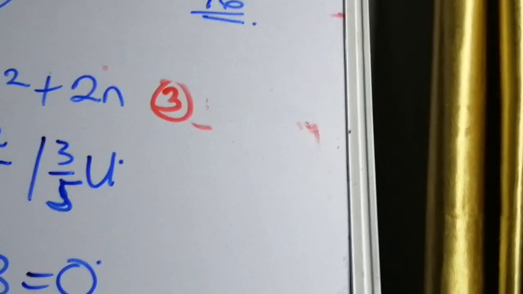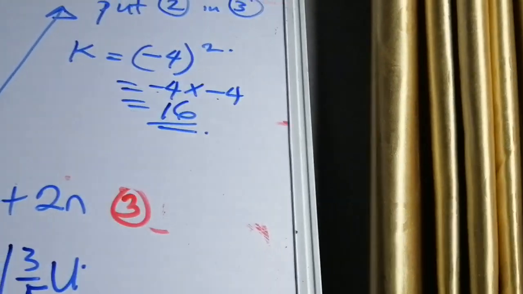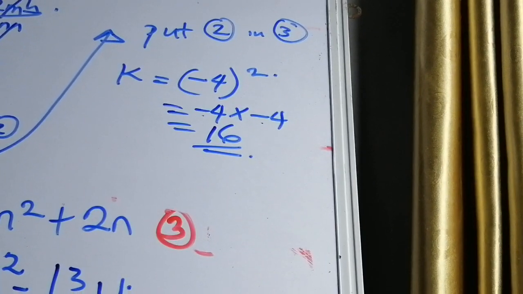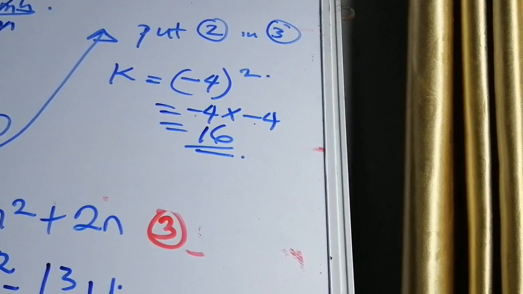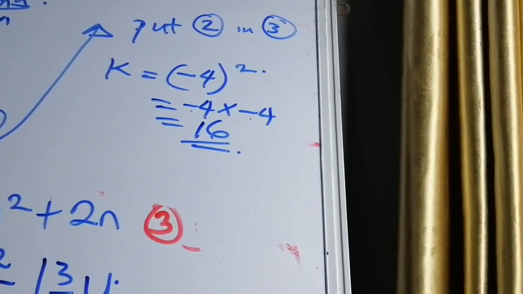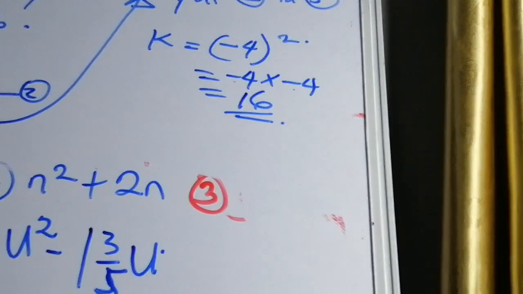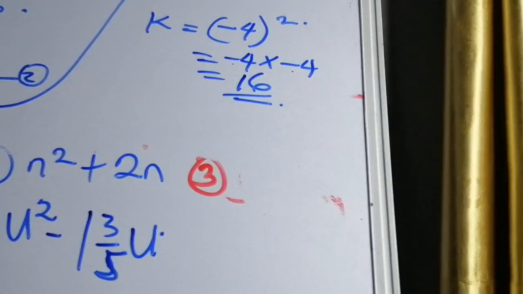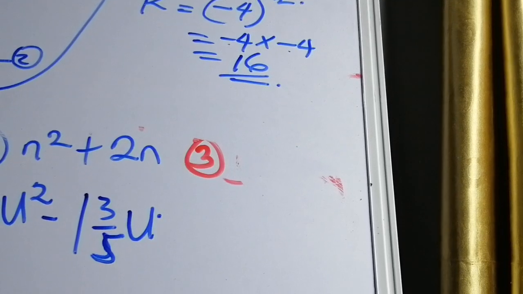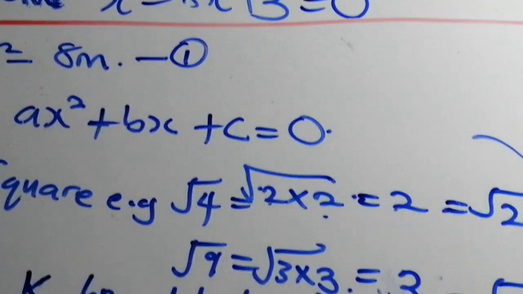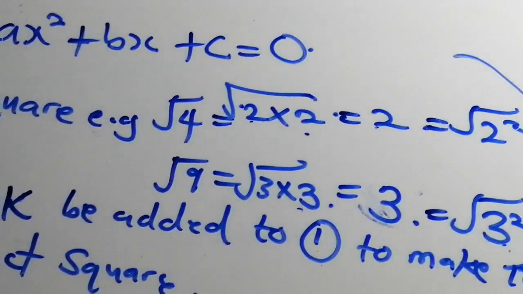There are shorter methods we can use here for JAM cases and all those things. But in case it comes out in a theoretical part, for O level, you need to follow this method. It's very simple. All you need to do is introduce a particular alphabet that will be added to the equation to make it a perfect square. But after you introduce it, at the end of the day, you can just square it.